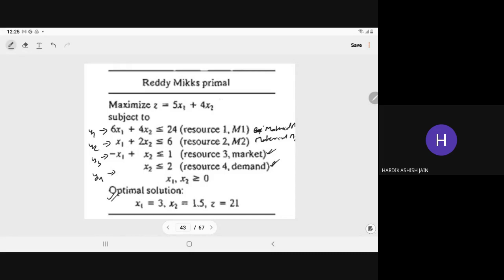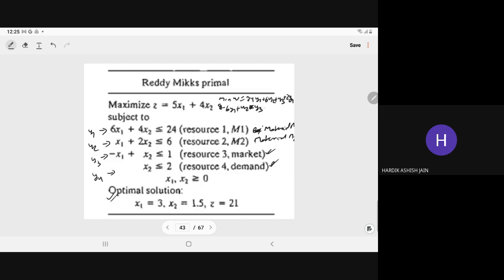y4. So the dual will become minimize W equal to 24y1 plus 6y2 plus y3 plus 2y4, subject to 6y1 plus y2 minus y3 greater than or equal to 5, and 4y1 plus 2y2 plus y3 plus y4 greater than or equal to 4.